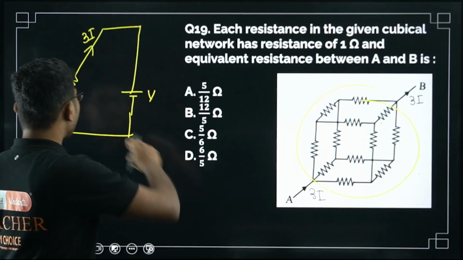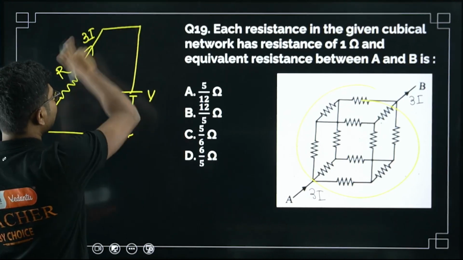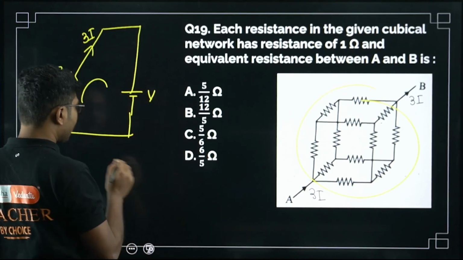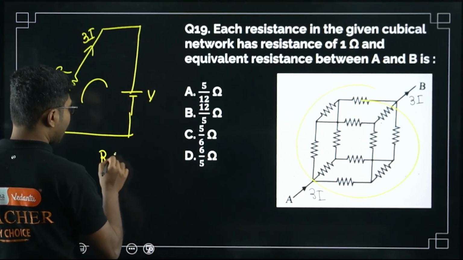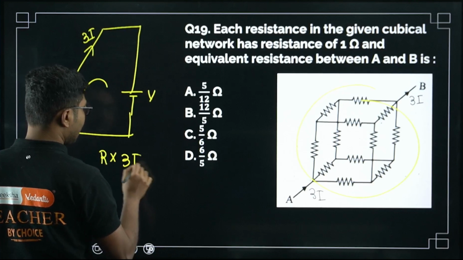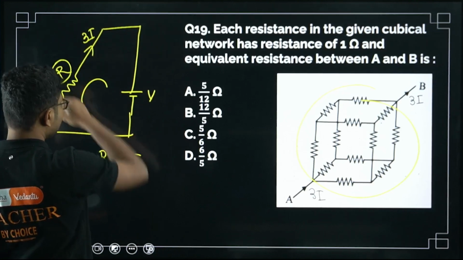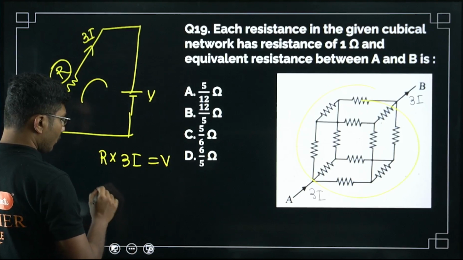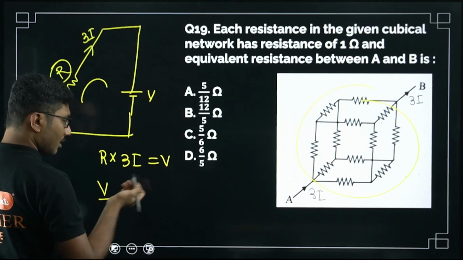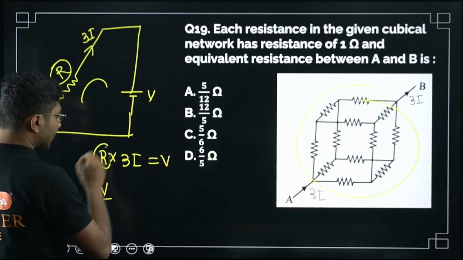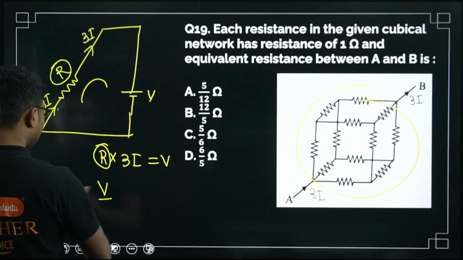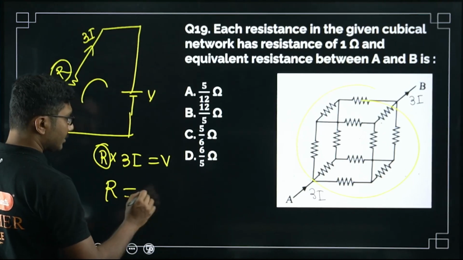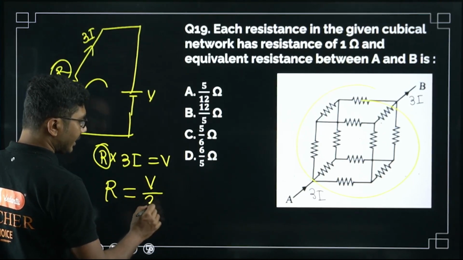Now if you apply KVL in this single loop, or Ohm's law, whatever you want to apply, R times 3I, that is current times resistance, equals the voltage. Or V by I; we are trying to find this resistance R, right? So resistance R is equal to V by 3I.